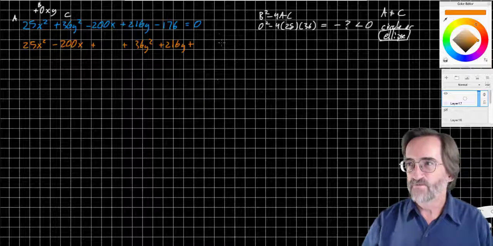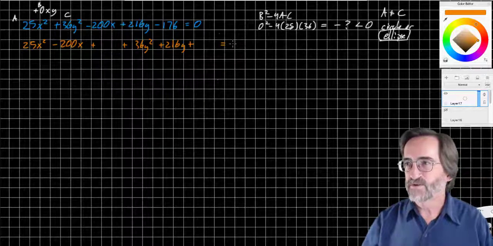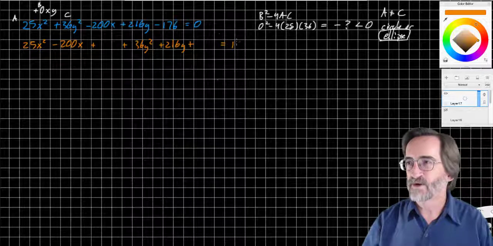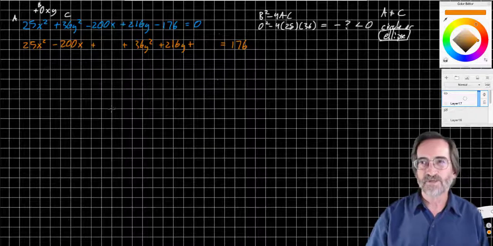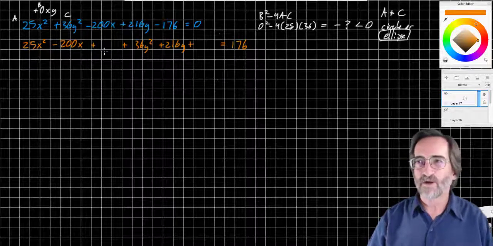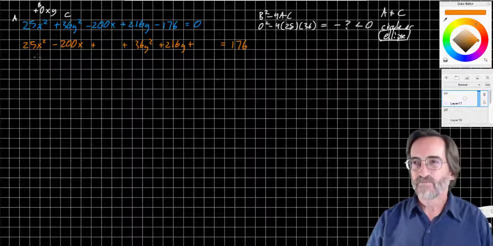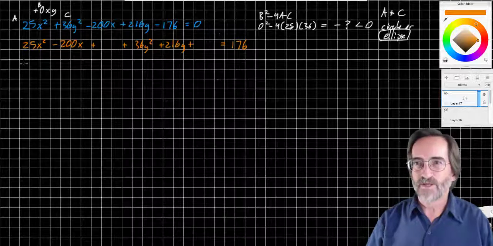And then I'm going to move the 176 to the other side. Minus 176 becomes positive 176. So that's the first step: group the x's together, group the y's together, leave some room for addition.